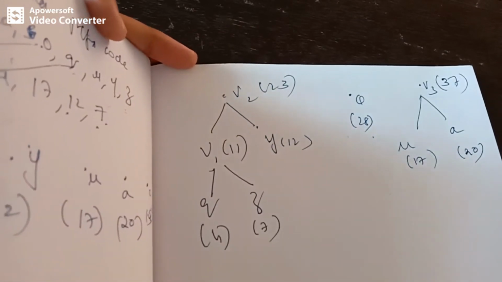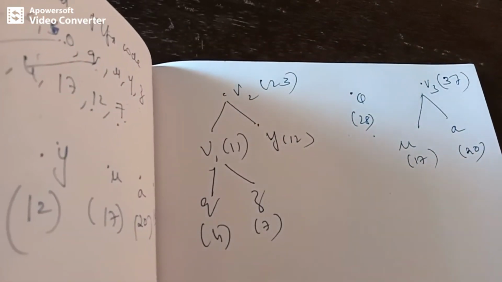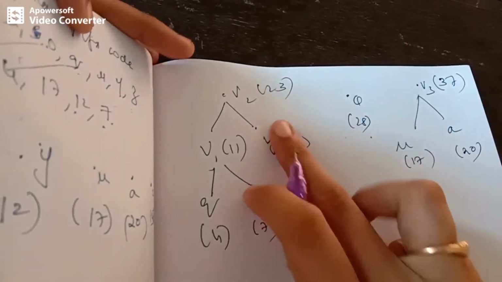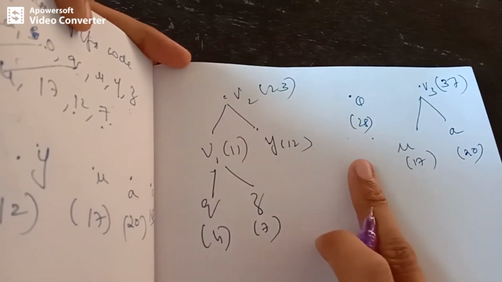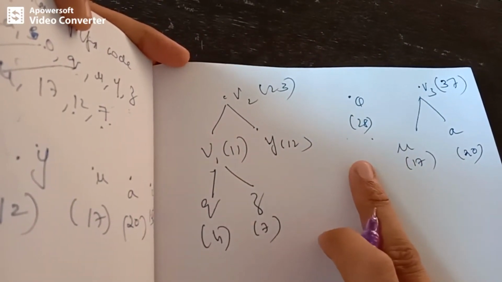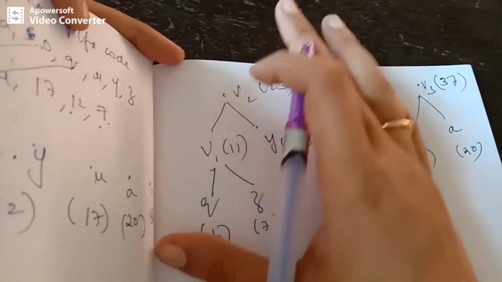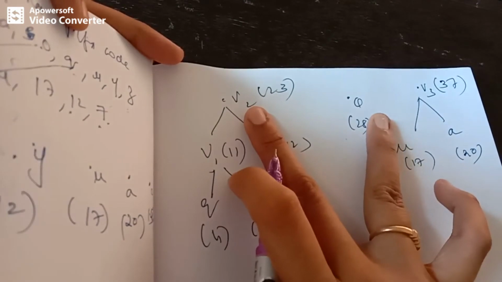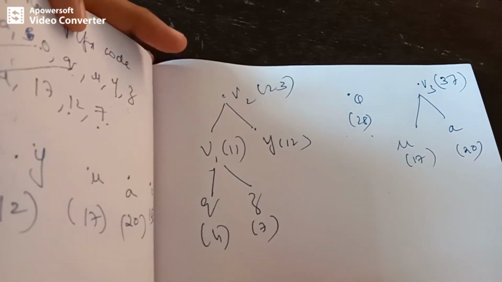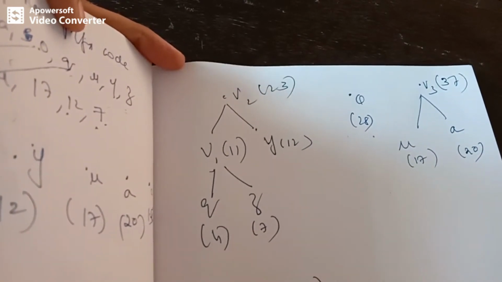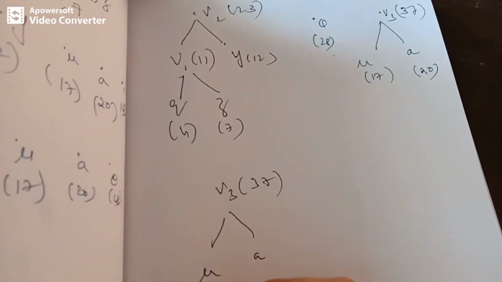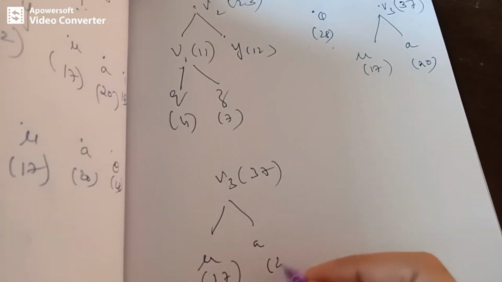Okay. So once again follow the same procedure. Combine these two, their weights will be 51, right? Yes, their weights will be 51, and that entire tree which combines these two will be fixed in the next position. So 37, U, A will be the new tree, and their weights are 17 and 20.